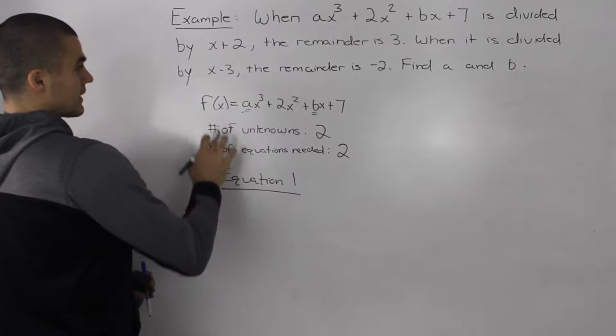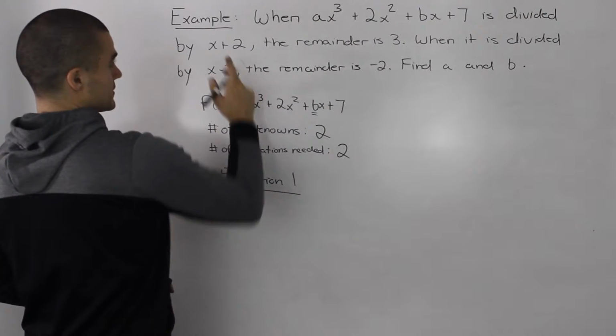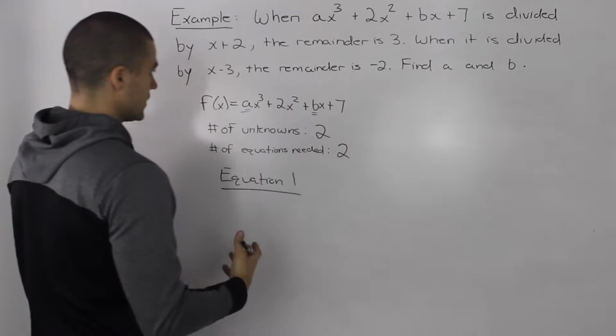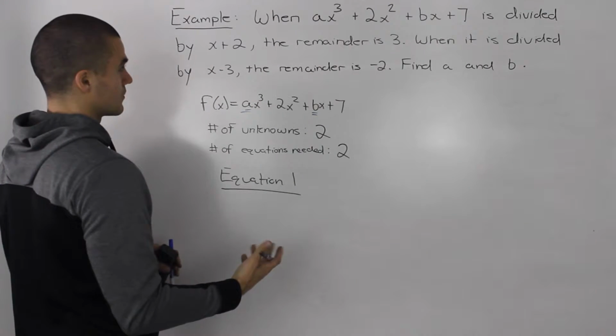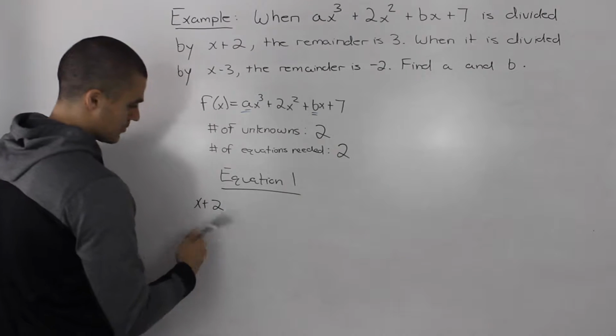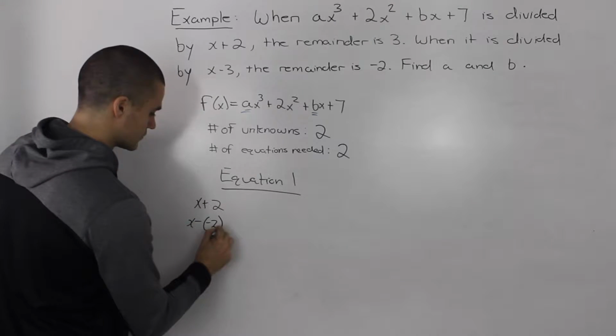So we're told that when we divide this dividend by x plus 2, the remainder is 3. So we can make an equation with that using the remainder theorem, right? If our divisor is x plus 2, to put it in the x minus k form, we would put x minus negative 2.